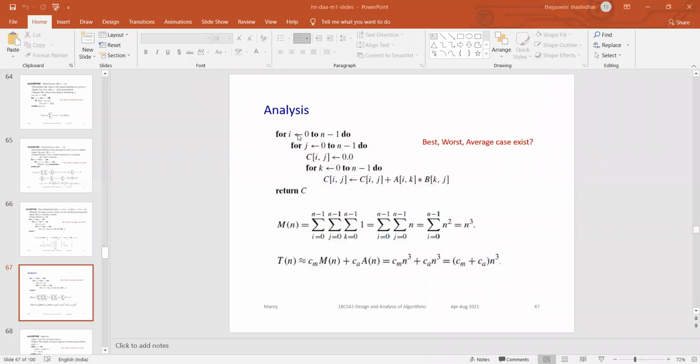Write the programming part, all the for loops. i ranges from lower limit 0 to upper limit n minus 1. j ranges from lower limit 0 to upper limit n minus 1. k ranges from 0 to n minus 1. And this is the statement. How many for loops do you have here?